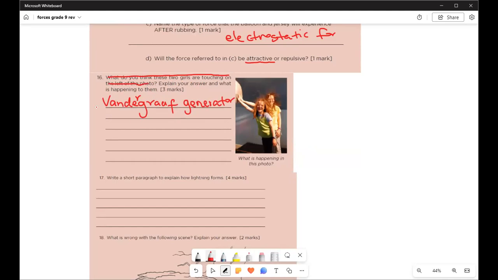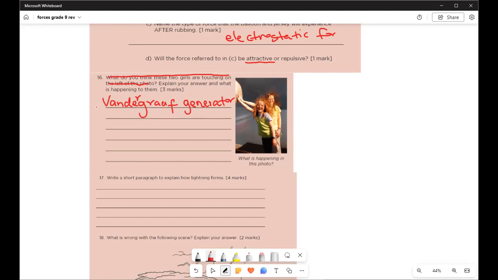So guys, a Van der Graaf generator is a generator that when put on, there is going to be a buildup of charges on the surface of the generator, either negative or positive, right? And then as the girl touches the generator, the charges are transferred. Remember, the girls are neutral before they are charged, but the generator was not neutral.